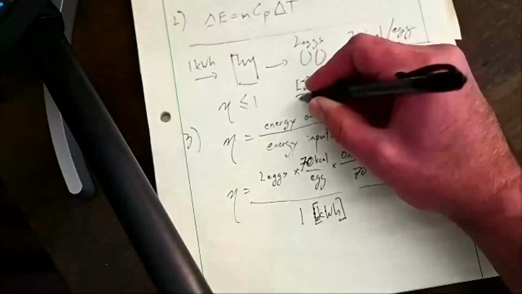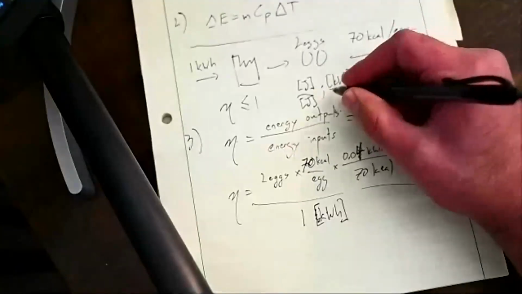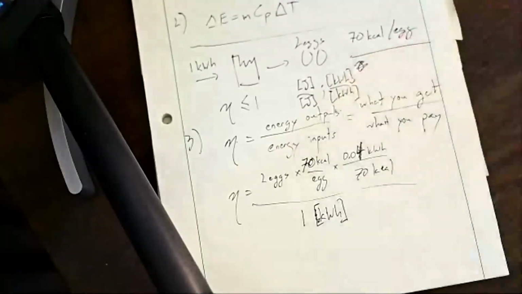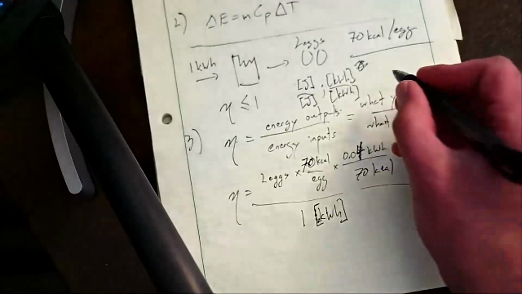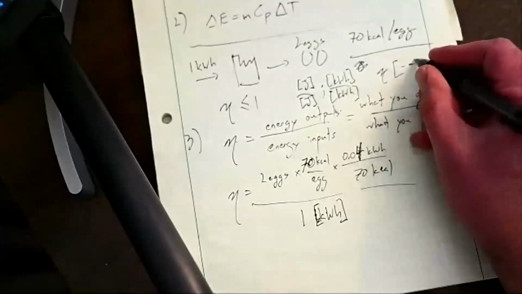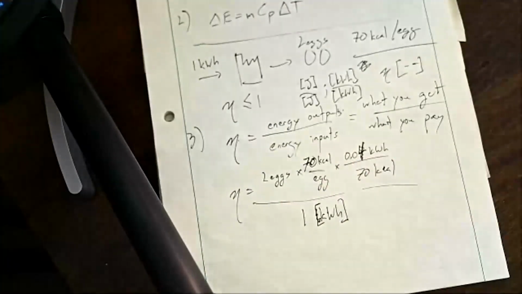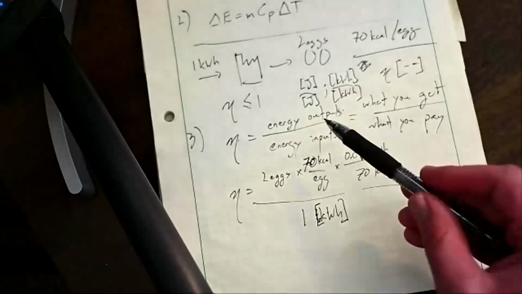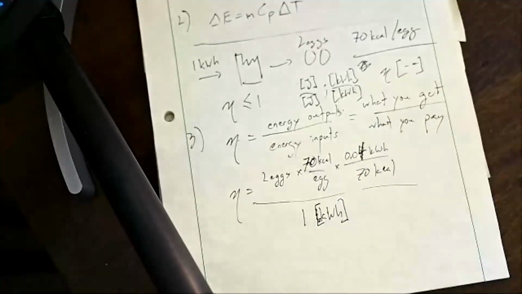So it needs to be joules over joules, or kilowatt hours over kilowatt hours, or megatons of TNT over megatons of TNT. Doesn't matter. It just means that the units of this term, eta or efficiency, are dimensionless. The units cancel. And that's why you can relay it as a fraction or a percent or a number less than 1. You're trying to figure out what percentage of your energy that you get out is a fraction of the energy that you put in.